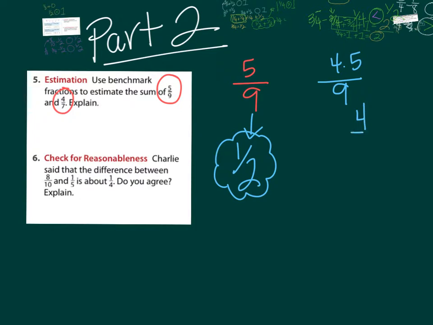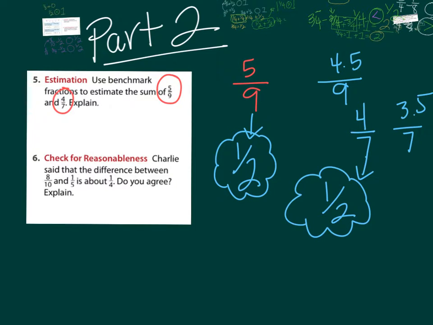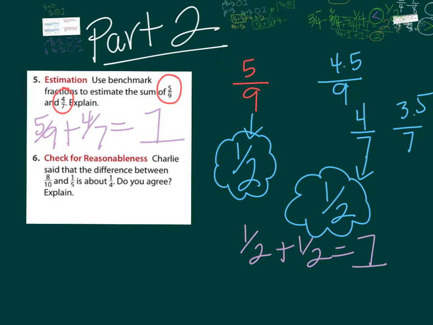And 4/7, well, half of 7 would be 3.5, so 4/7 is close to a half also. So I would say that 5/9 plus 4/7 would be close to 1, because 1/2 plus 1/2 equals 1.